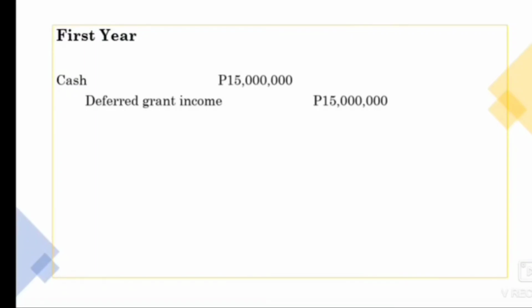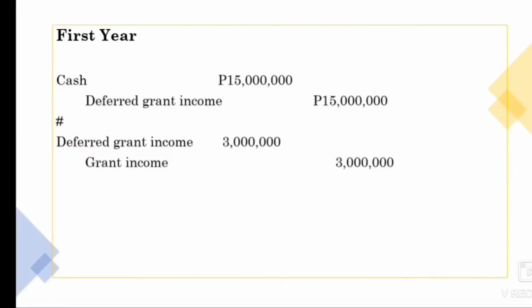So, to record the deferred grant income realized, we debit deferred grant income 3 million and credit grant income 3 million. So, paano nangyari yun? Di ba nga, dun sa formula na natutunan natin kanina, ang ginawa niya is yung grant received multiplied by expense incurred divided by the total expected expense.